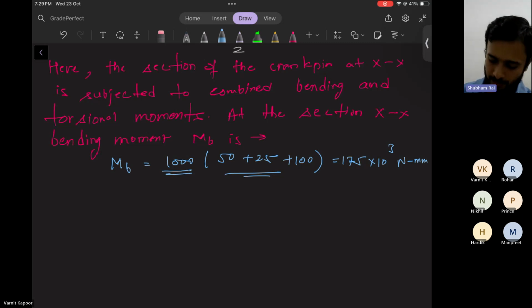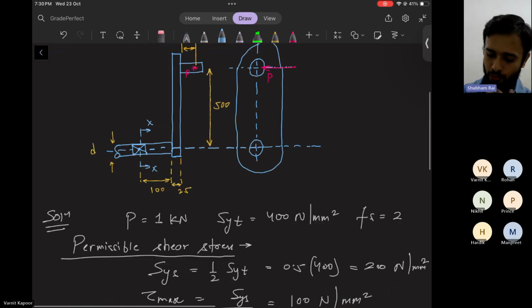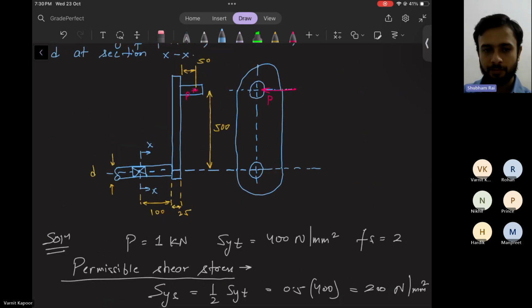Okay. And then you have to find the torsional moment also. So let me just write the torsional moment MT. What will be the torsional moment? For the torsional moment, you have to take the vertical distance between the point P and the axis of the shaft.